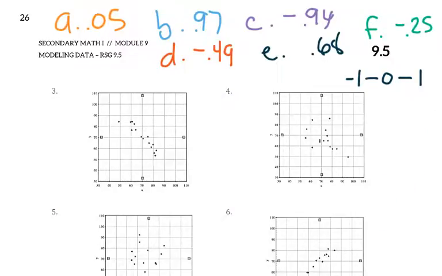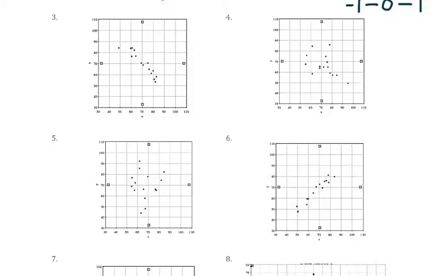Let's start with the negatives. So we've got this negative, and this negative. Negative 0.94 is going to be our strongest negative. So let's look at our graphs and find the negative ones. So here's a negative.